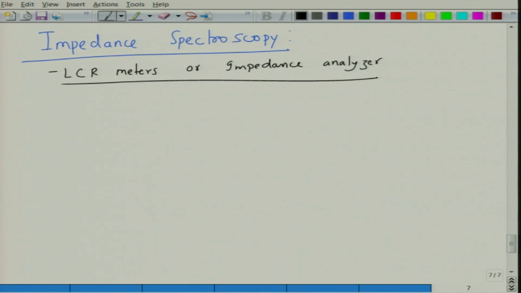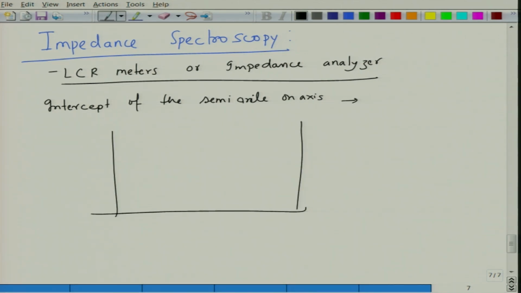Essentially, if you take the intercepts of the semicircle on the x axis, we saw that epsilon r double prime versus epsilon r prime shows a semicircle like this, and the frequency varies like this.